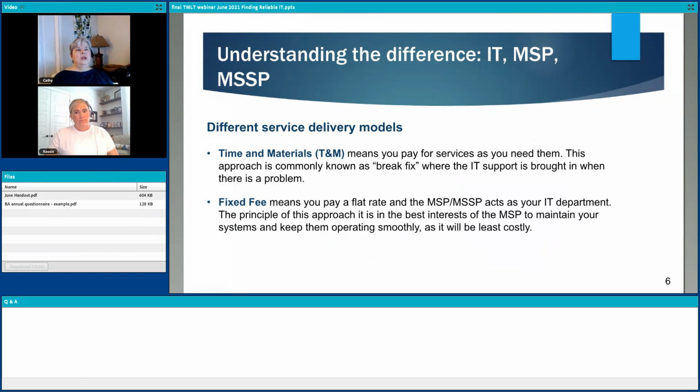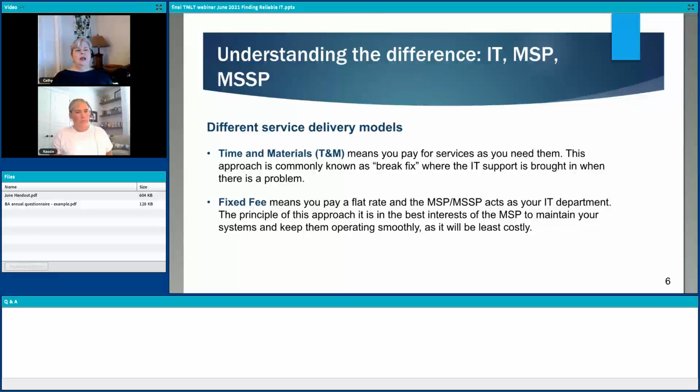So one of the important concepts that we would like you to take away is that there are different levels of service that are offered by different types of delivery models when it comes to IT service providers. The first is called time and materials, which was actually one of the most common ones in the poll, as we saw earlier.